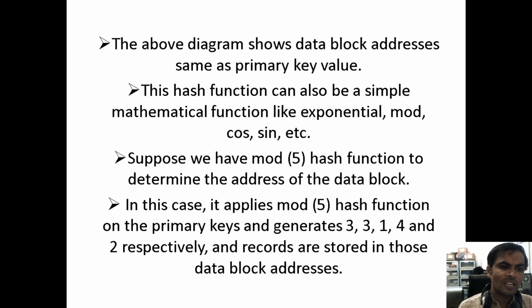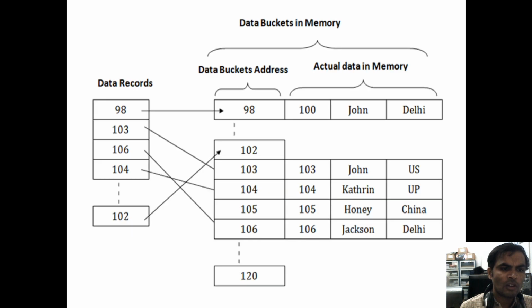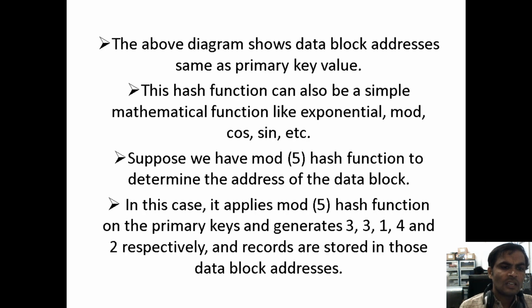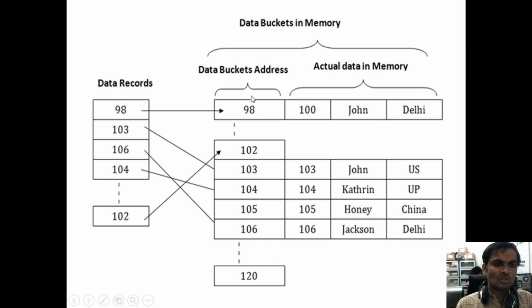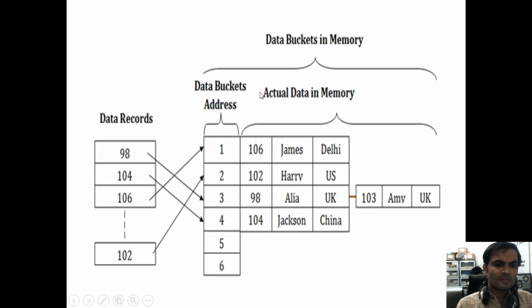In this case we apply the mod function. With mod 5 as the hash function, the primary keys generate 3, 3, 1, 4, 2, and the records are stored in the data block address accordingly.